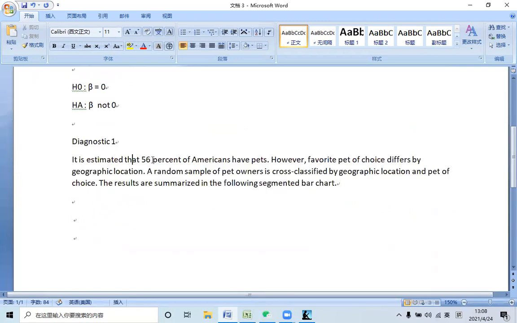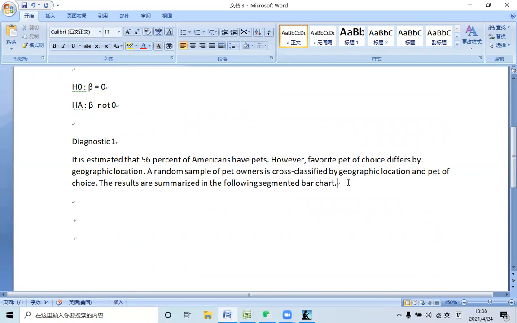It is estimated that 56% of Americans have pets. However, favorite pet choice differs by geographic location. A random sample of pet owners is classified by geographic location. So you have pet owners and geographic locations.